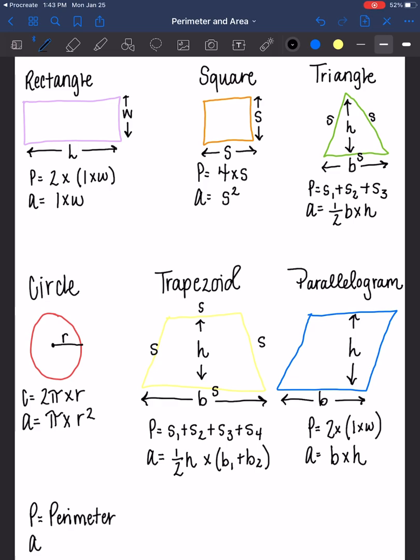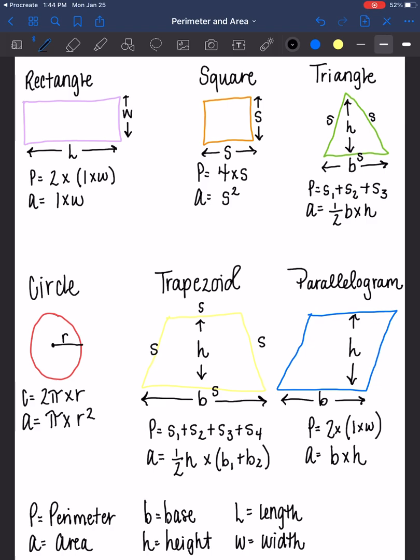I'm just going ahead and writing out all of the letters and what they stand for down below, just so that you can see it a little bit better. So P is for perimeter, A is for area, B is for base, H is for height, L is for length, W is for width, R is for radius, and S is for side.